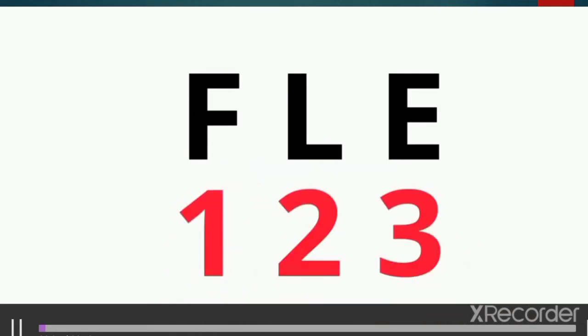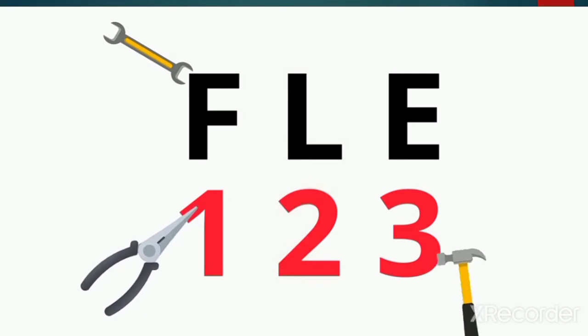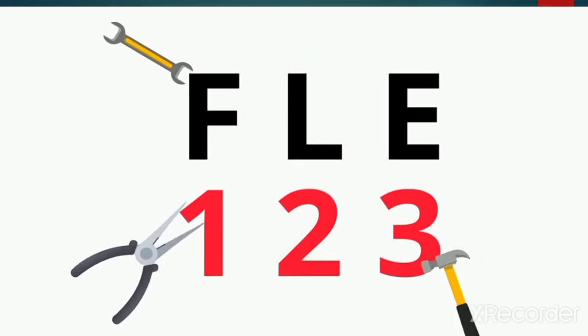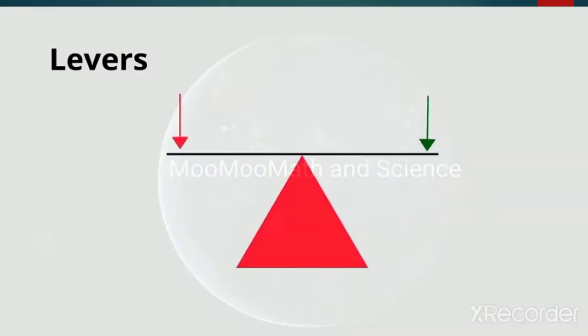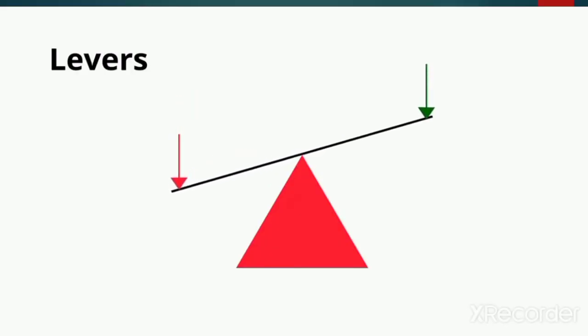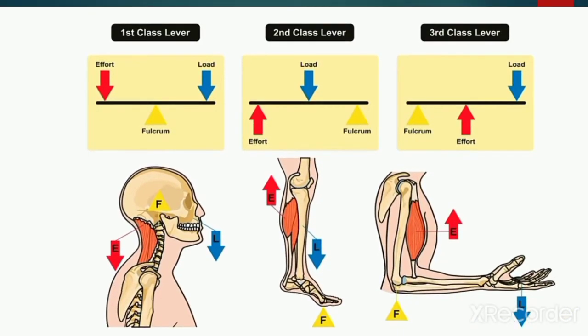Have to do with levers. This is a simple mnemonic device that you can use to remember levers, and we'll learn more about it at the end of this video. Welcome to Moo Math and Science. A lever is a simple machine, and they are the basis of many tools in and around your house and work. Levers are also found in the human body.